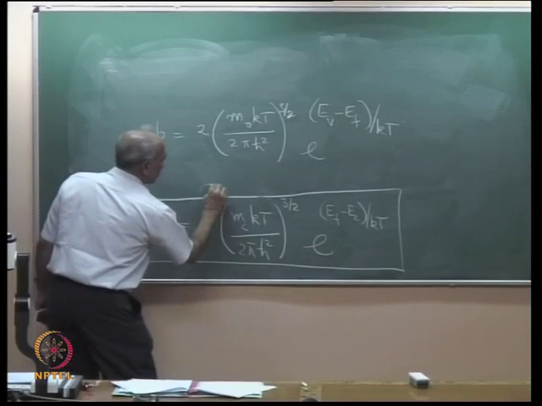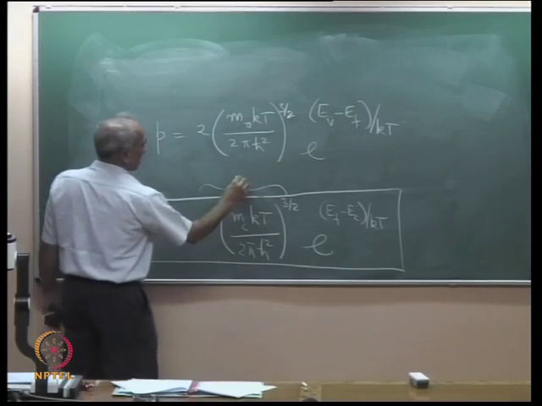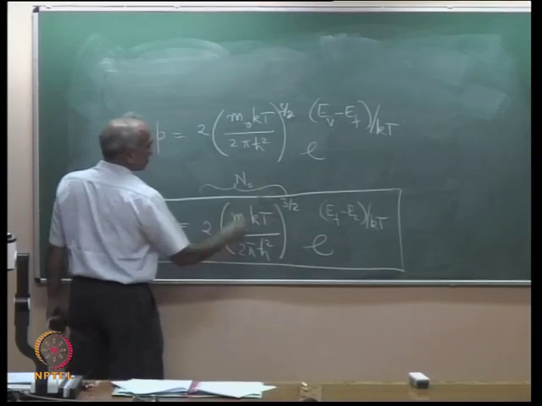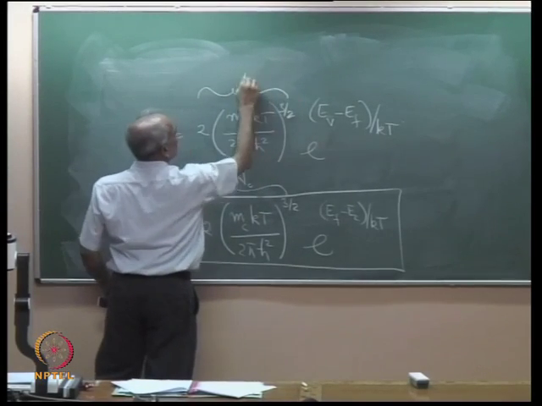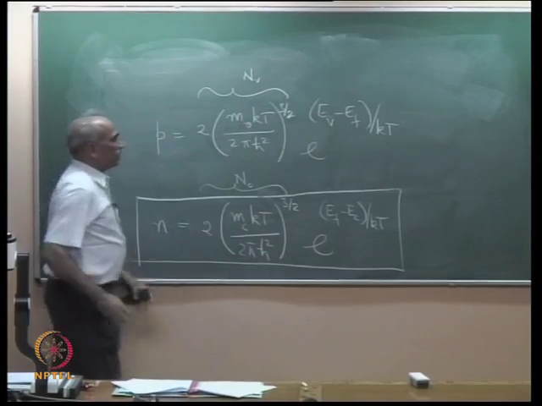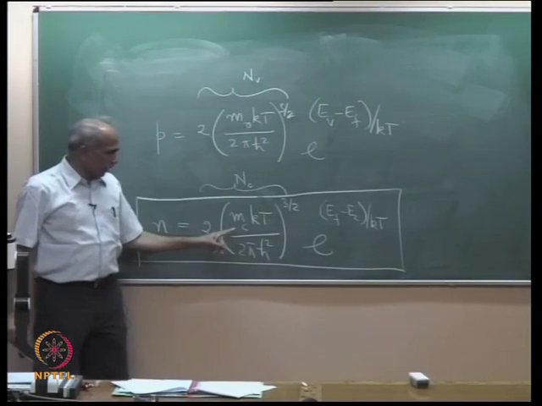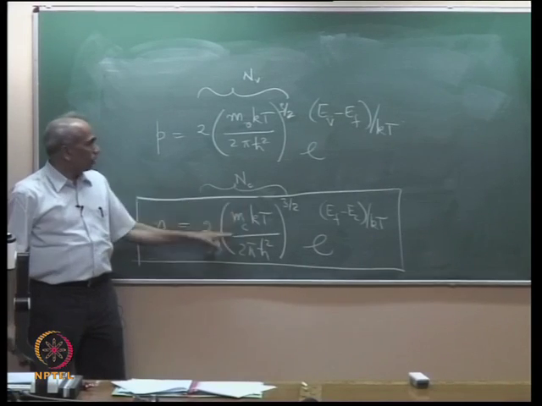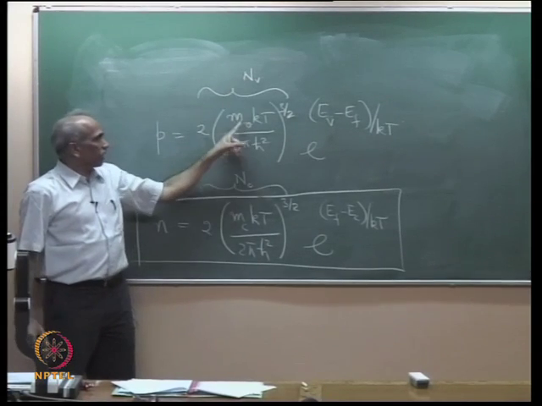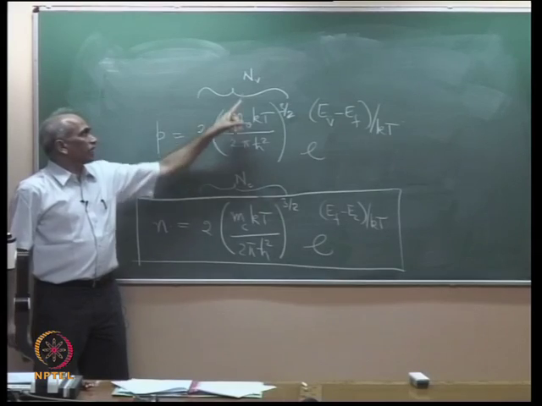This is sometimes denoted as Nc for the conduction band, and this is denoted as Nv. Please see that everything is constant except the effective mass, effective mass Mc in the case of Nc and effective mass Mv in the case of Nv.